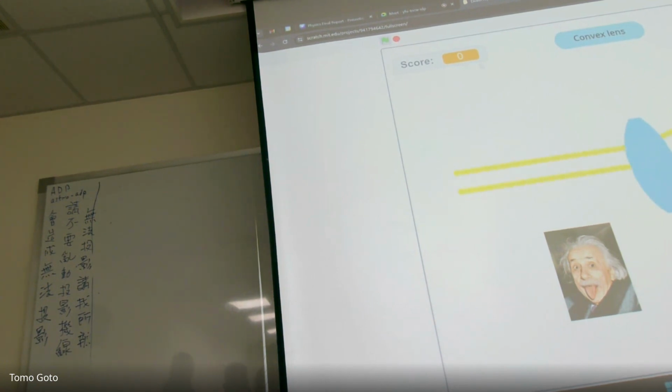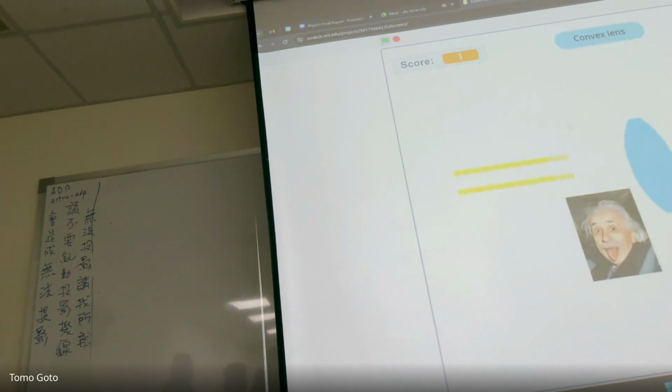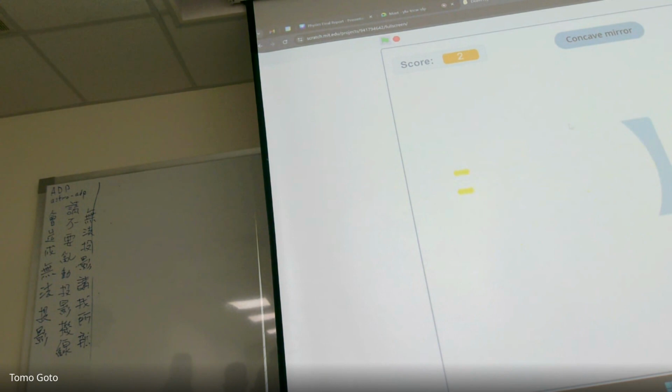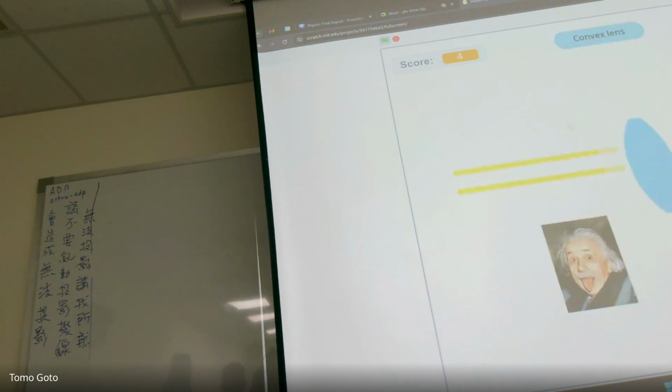Einstein is back, and as you can see, you can switch the bands. I'm very bad at this game. When the ray hits Einstein, the timer resets, and we get a fresh 10 seconds to continue playing.